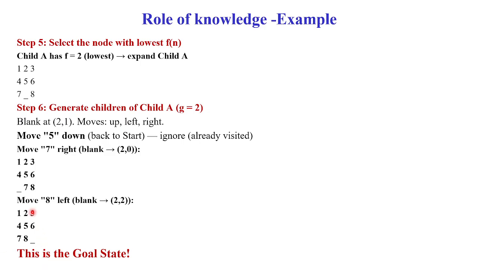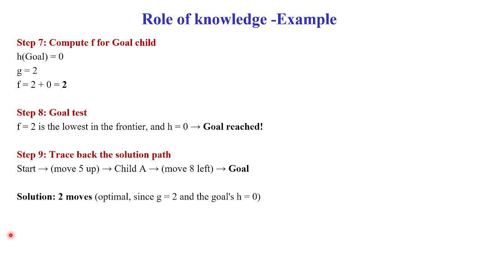So we have not tried all the possibilities; with the help of the heuristics, we have tried to make the moves, and finally the goal is achieved. Here, if you compute the goal child, h is equal to 0, g is equal to 2 because we made 2 moves.